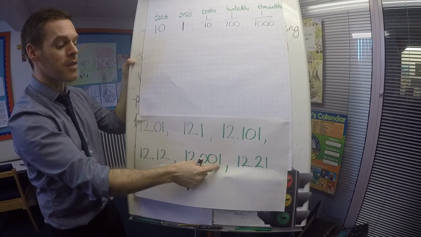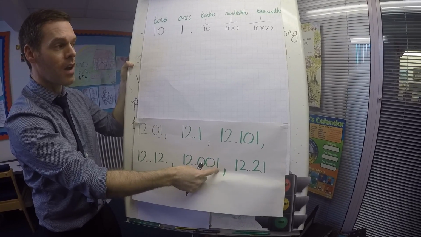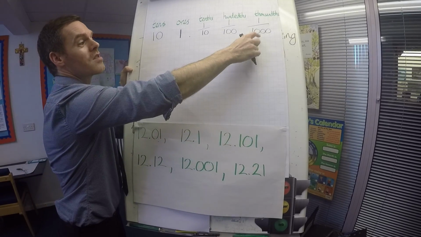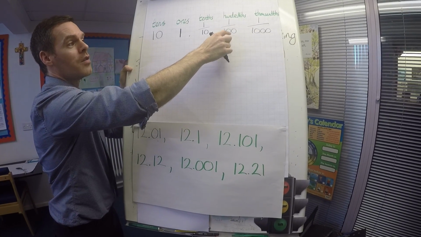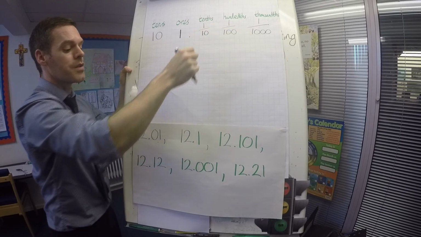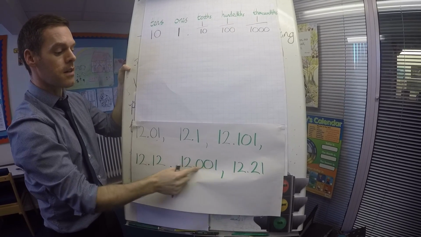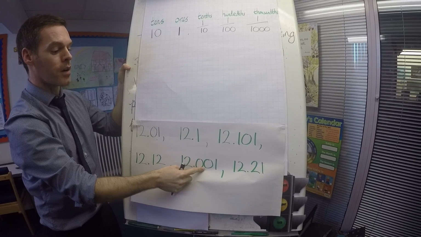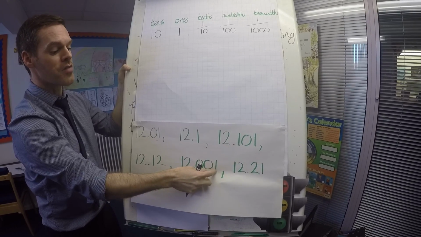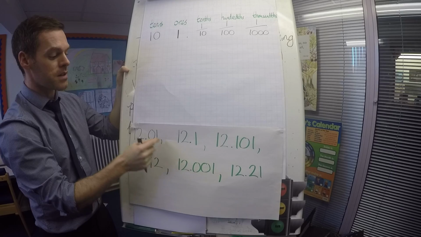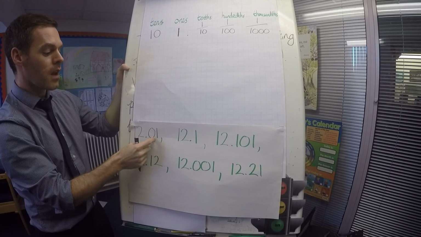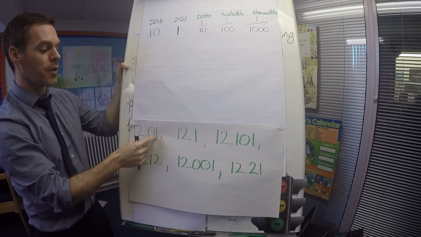It doesn't matter that this number has a thousandth because we know that thousandths are smaller than hundredths. They're 10 times smaller than hundredths. So this might have more digits in it, but it doesn't matter because the thousandth is smaller than hundredths. So this number is bigger. It's got 1 hundredth.